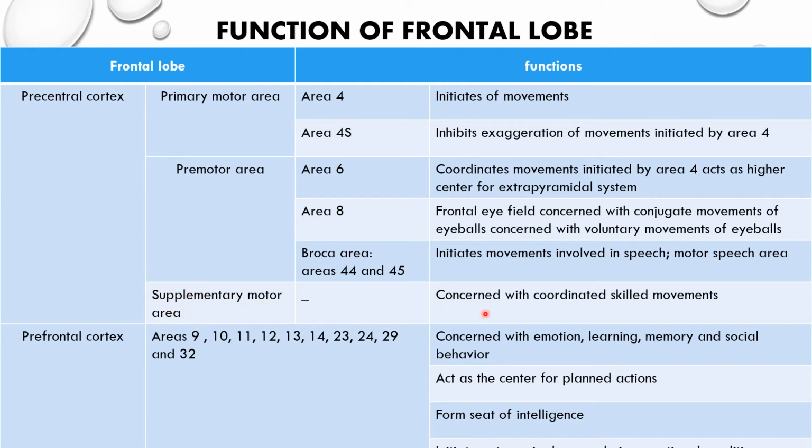It is concerned with the coordination of skilled movements associated with these two areas. The supplementary motor area contributes in addition to skilled movements. In the prefrontal cortex, areas 9, 10, 11 and 12 are concerned with emotions, learning, memory, social behavior, attention, and planned actions, and form the seat of intelligence.